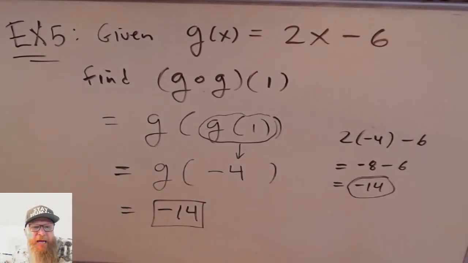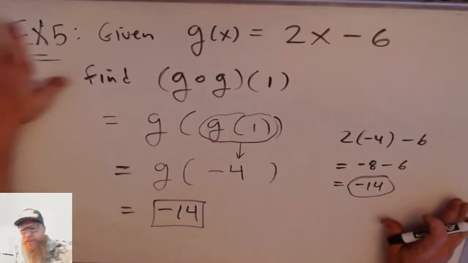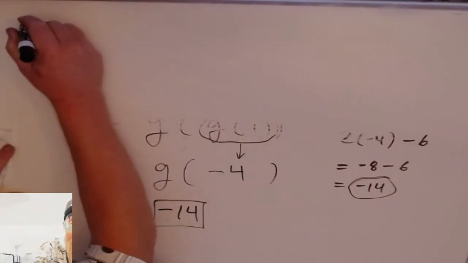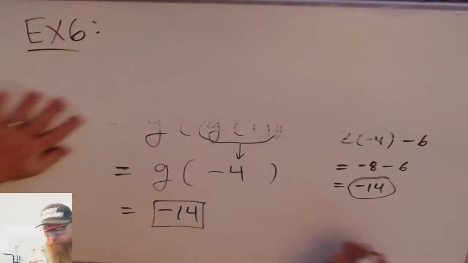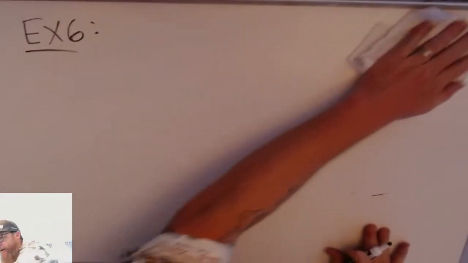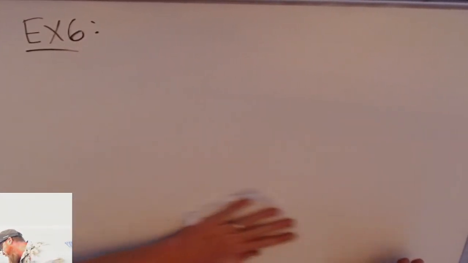I don't know what else to say except we should just do more of these. I want to broaden our perspective and use some other types of functions. I like to start off with the simple functions, but I don't want to end there. I want to make sure I get into some more complicated functions.